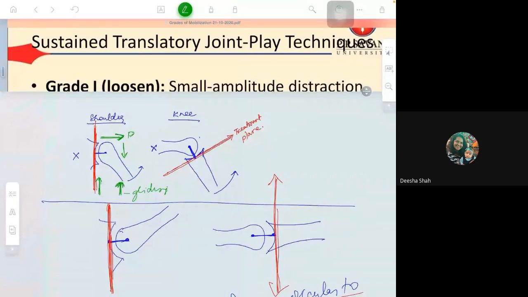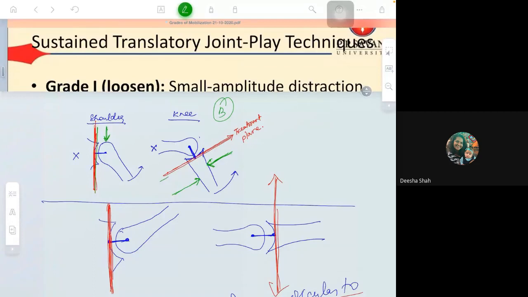Clear? Whenever you are giving gliding to the joint, listen carefully. This is gliding. It should be parallel to the treatment plane. Here, in the second example, B, this is gliding. This is called posterior gliding, and this is called anterior gliding.